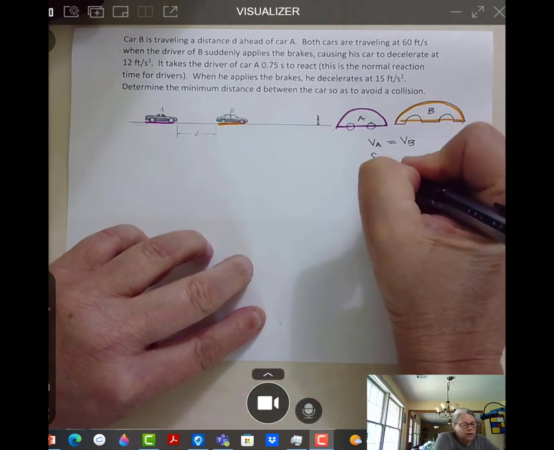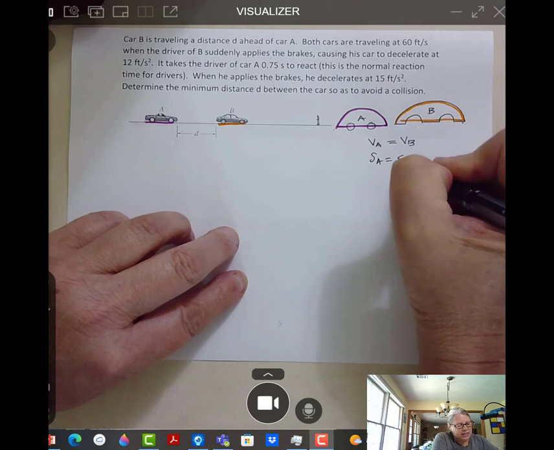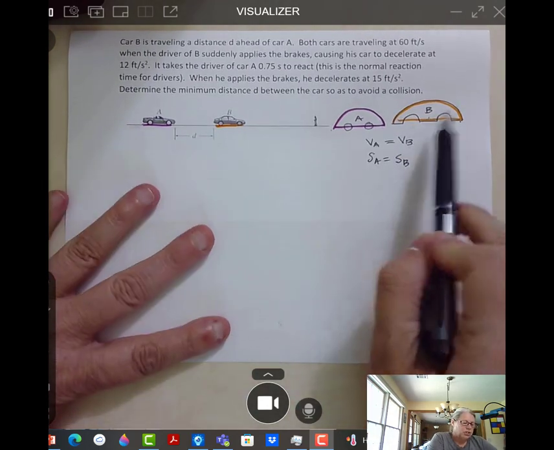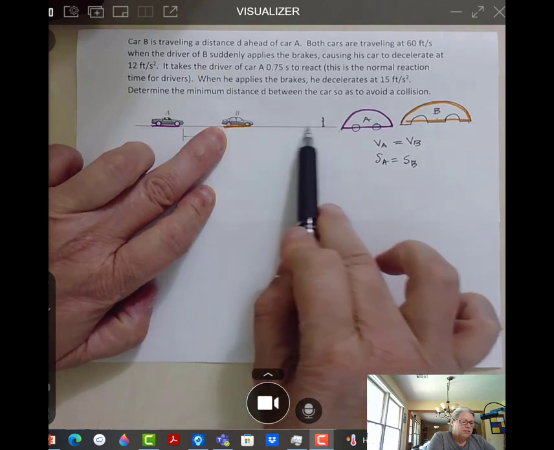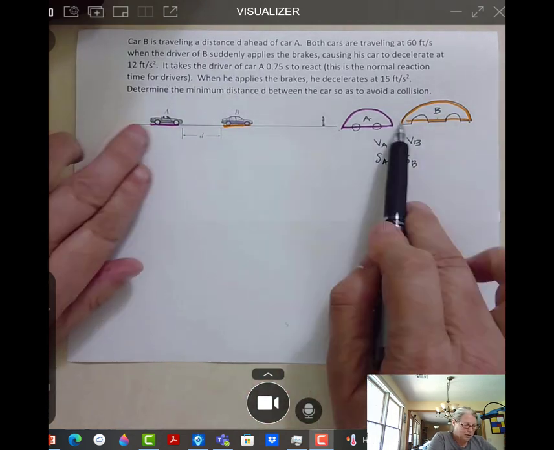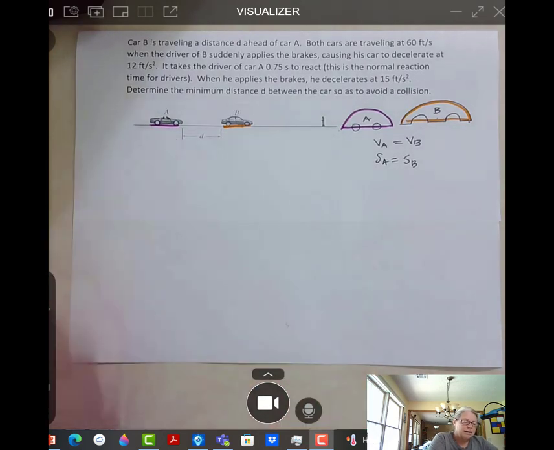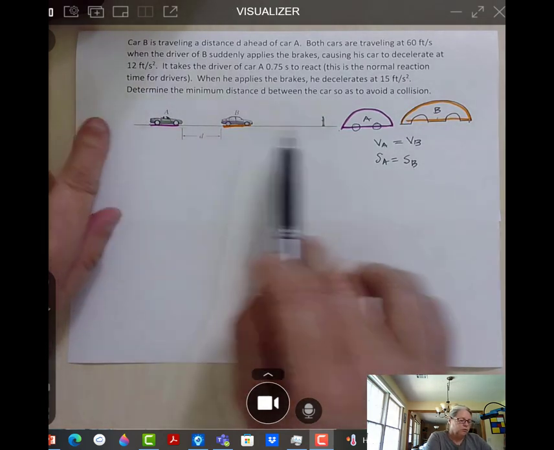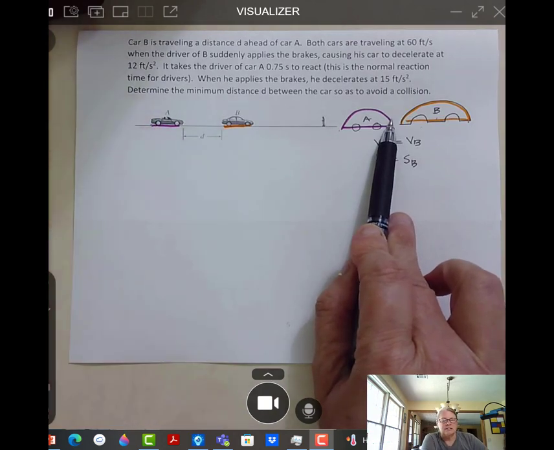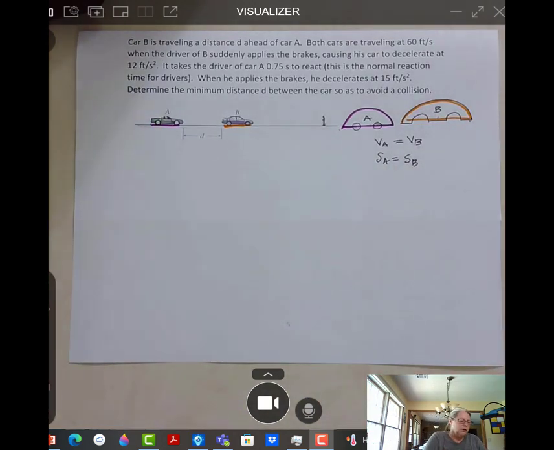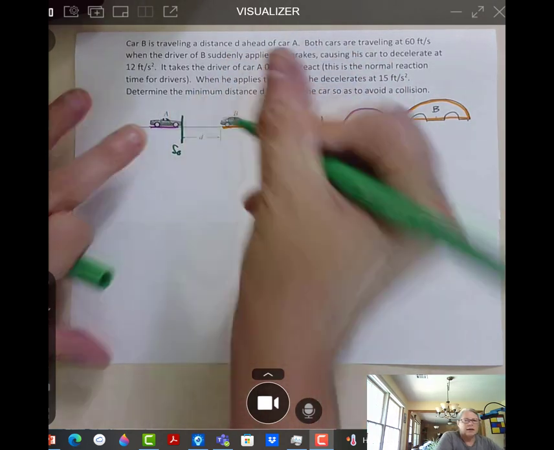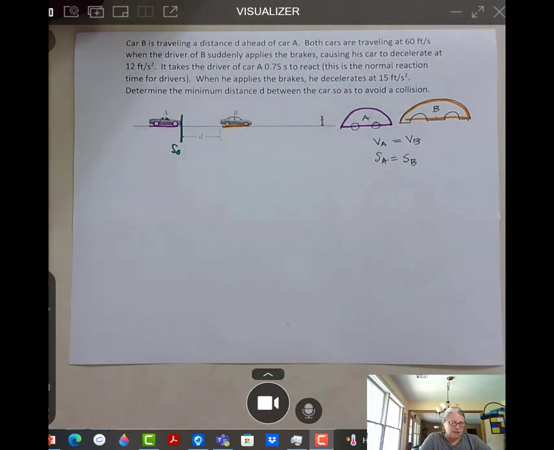So I know that my positional change of A has to be, we are at the same position. So if B moves this amount, A is also moving that amount plus this distance D. They'll both move, but A has to also move up distance D. So we're going to call this ground zero. This is S initial.